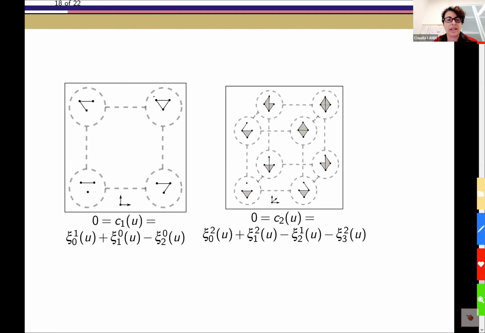For example, if this is a U, this is my location U that I'm considering, here no cell enters at this position, but nonetheless there is one birth. So no cell enters, so the number of critical cells of dimension 1 is 0.